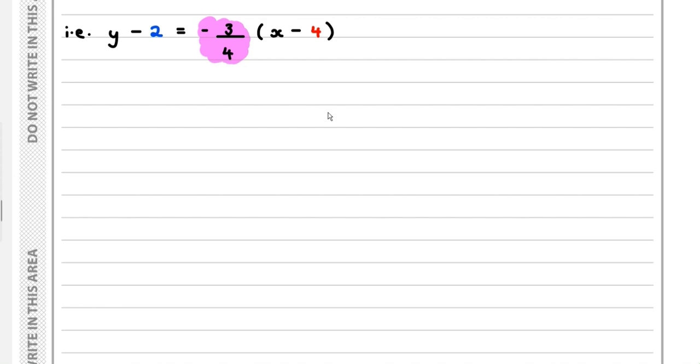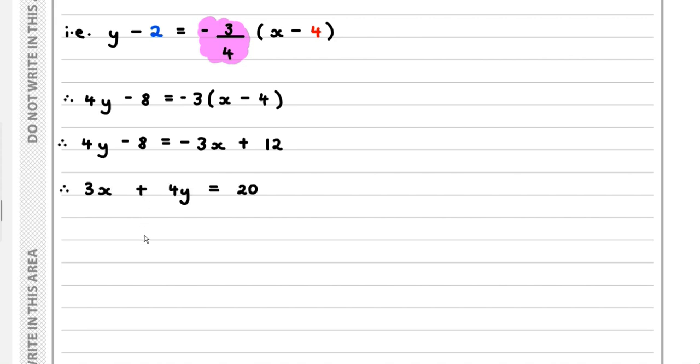So if we multiply both sides by 4, we have 4y subtract 8 equals -3 multiplied by x subtract 4. And on the right hand side, if we expand the brackets, we end up with 4y subtract 8 equals -3x plus 12. And therefore, 3x plus 4y will equal 20.